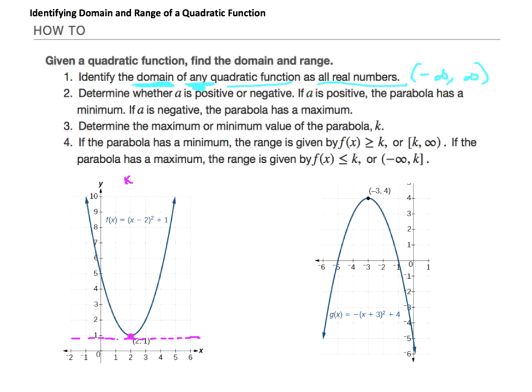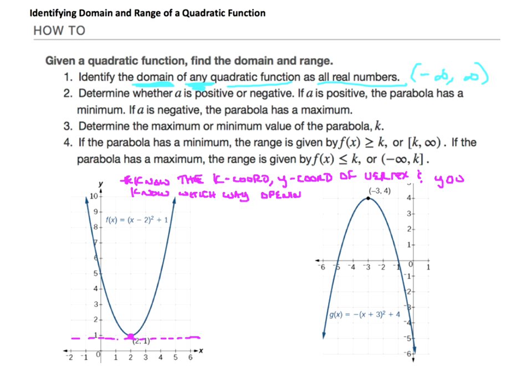So if you know your vertex, if you know the k-coordinate, which is also known as the y-coordinate or the f of x coordinate of your vertex, and you know which way it's opening from its a value, you'll always know what the range is.